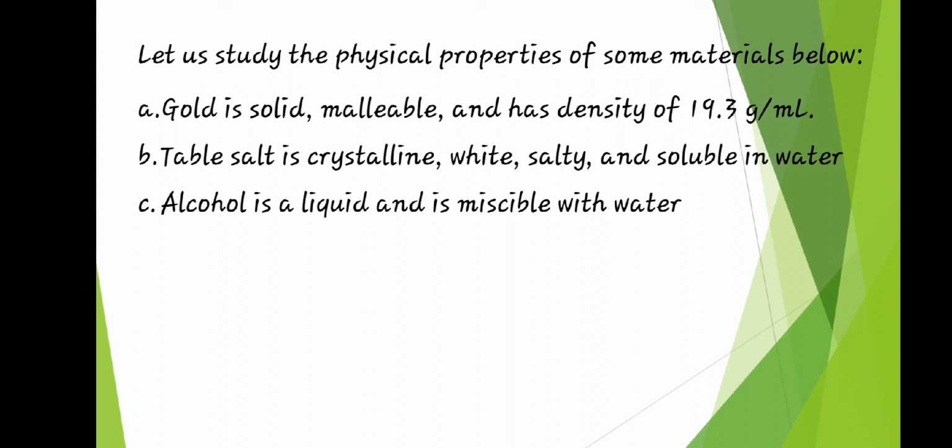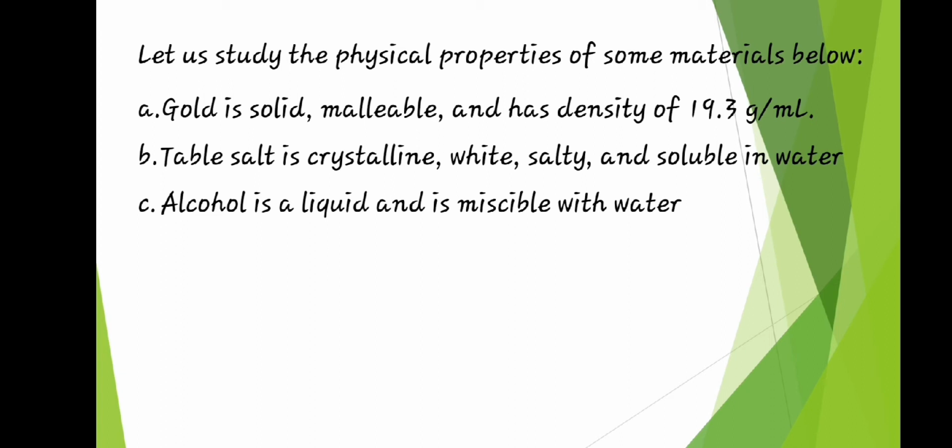As I said, one of the physical properties includes color. These examples describe that. It is also said to be soluble in water. So you can identify it by its physical appearance and its color. That was the explanation of example 2.